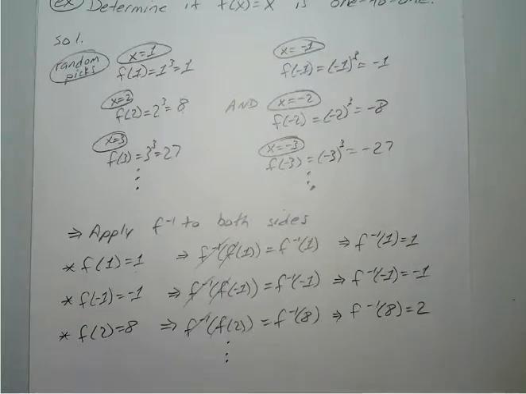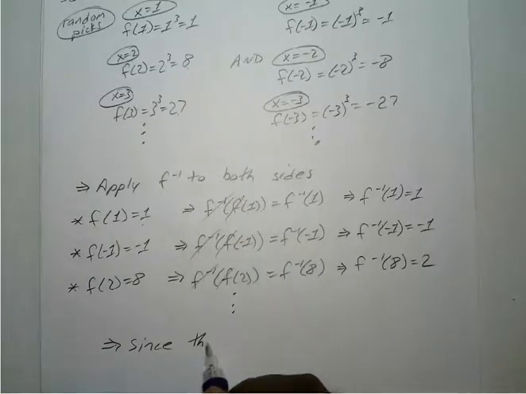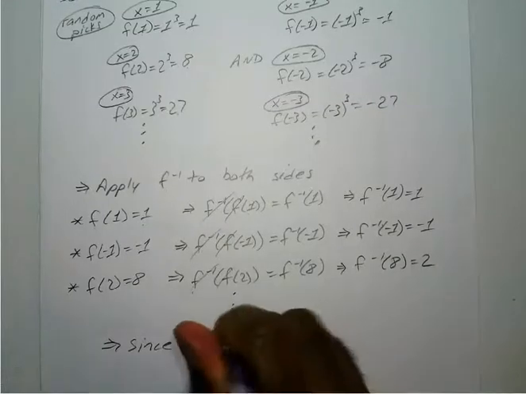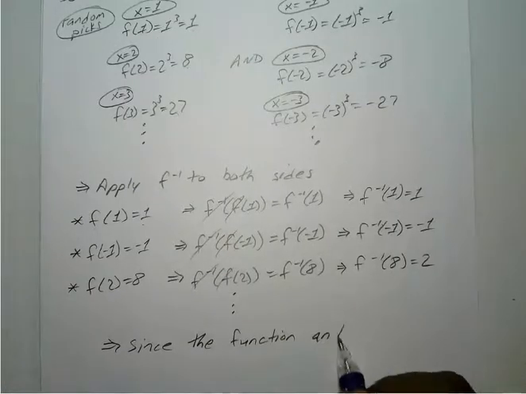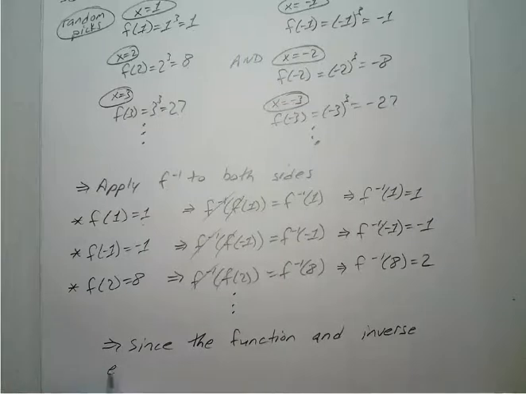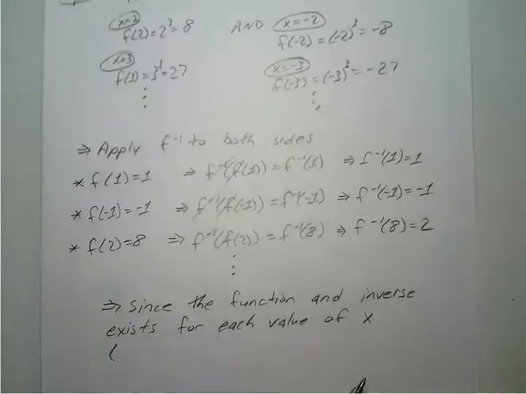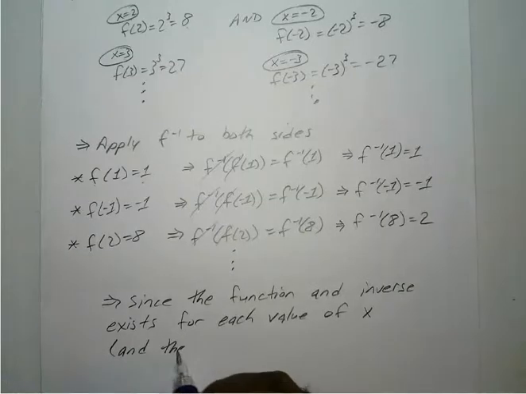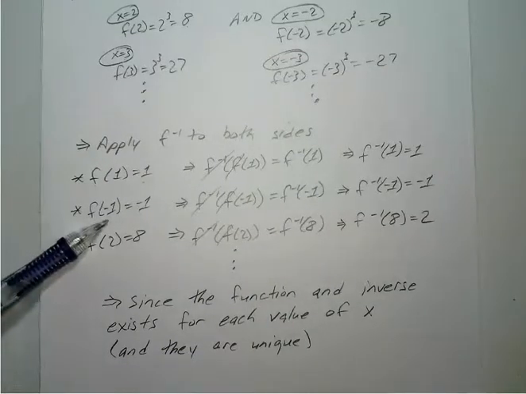Okay, so since the function and inverse exist for each value of x, and they are unique, that means that f of negative 1 only has one value.